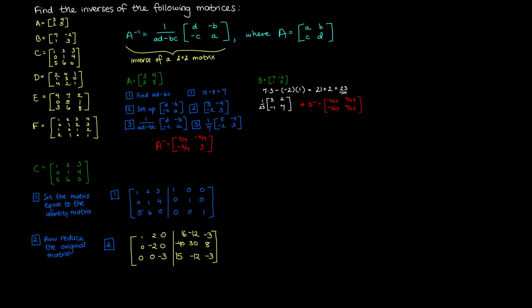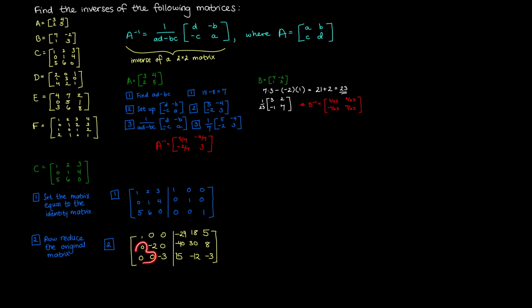Then I'm going to add this row and replace this row with that result. 0 plus 1 is 1, so in this position should be a 1. -2 plus 2 is 0, so in this position there should be a 0. 0 plus 0 is 0, so in this position there should be a 0. -40 plus 16 is -24, so in this position there should be a -24. 30 plus -12 is 18, and 8 plus -3 is 5.